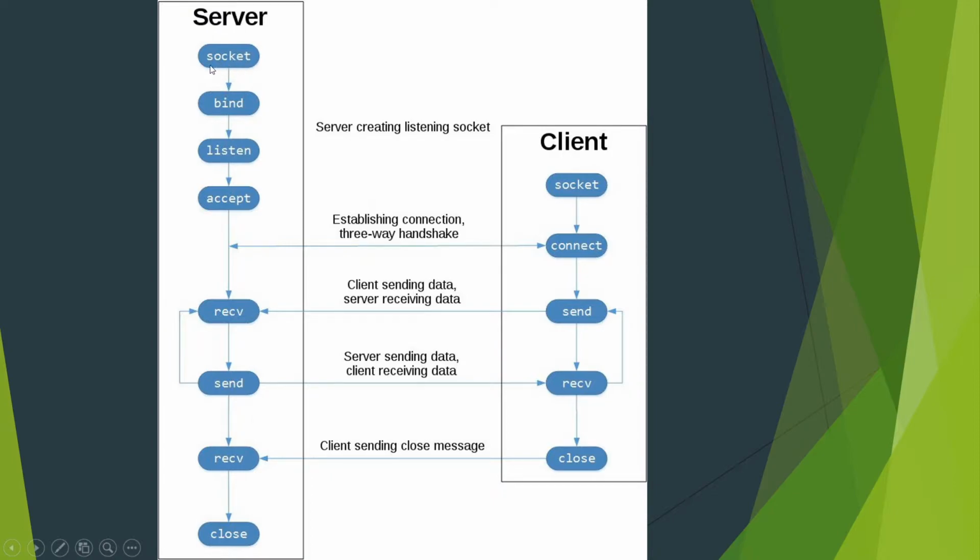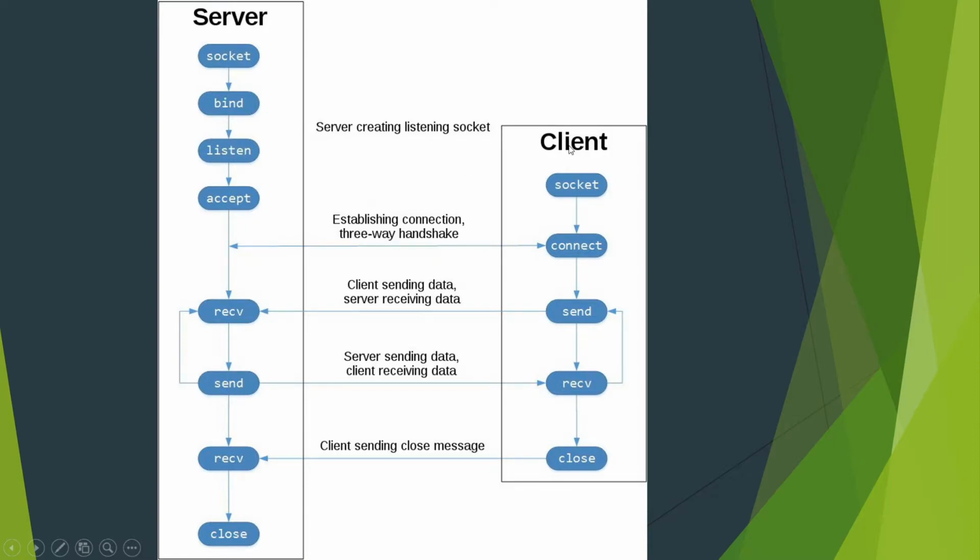For that we use the socket function, and then we need to bind that socket to a particular IP address and port number. You can also bind it to localhost or any other interfaces. After binding, you need to go on listening for incoming connections. At this stage the server will start up and listen for incoming connections.